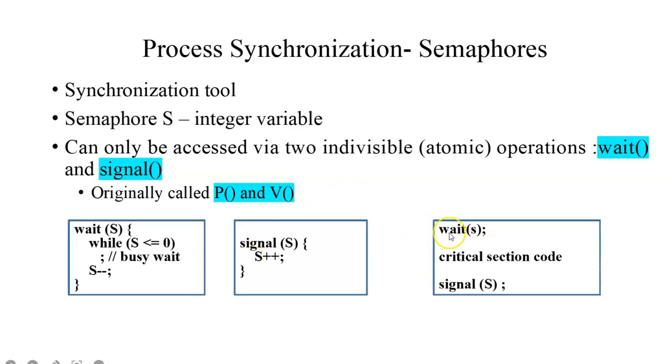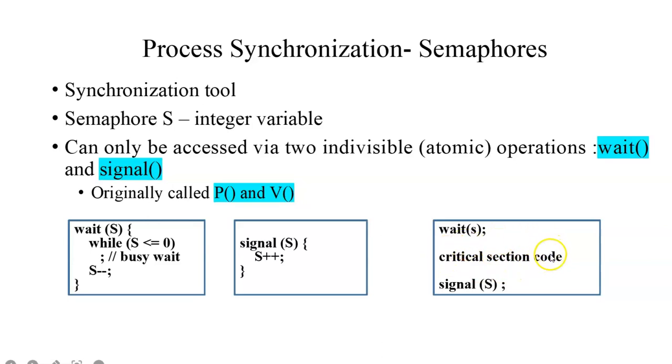Before the process tries to use some shared data, it will call wait of S. If that shared variable is available, if no other process is using it, then the process will be allowed to move further and will be in its critical section code.